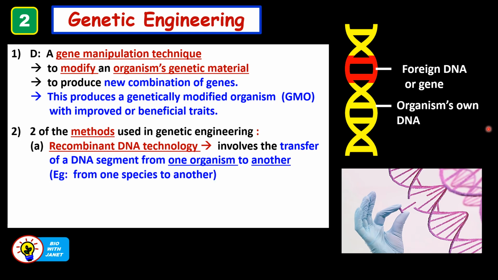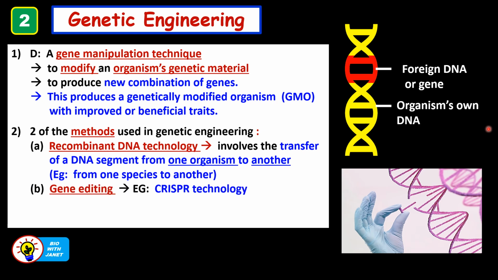Okay, so the transfer of DNA segments is carried out from one organism to another. It can be between organisms of the same species, but it can also be between organisms of different species. For example, bacterial DNA can be transferred to a plant. Okay.